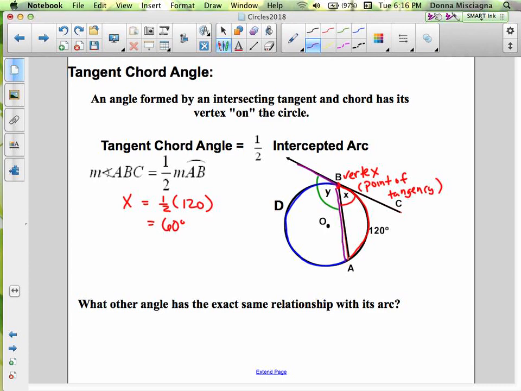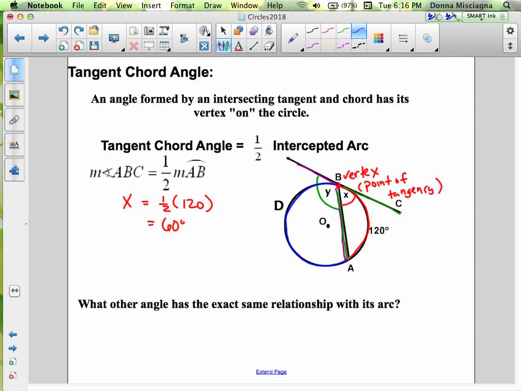And over here, we have angle x. All right, so we found angle x. That was 60 degrees. Let's find the measure of angle y, and then we'll use that to find the measure of the arc.